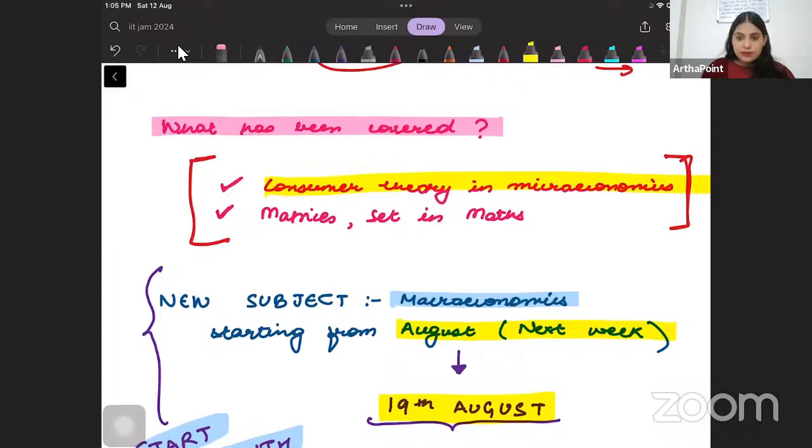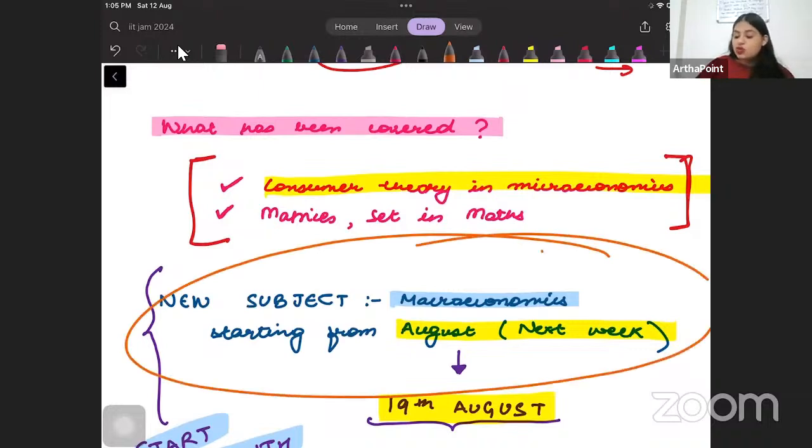From next week, we will start macroeconomics simultaneously, because we have to cover huge chunks of syllabus. Macro is easy. If you start macroeconomics with me, believe me, those 25%, that means you can be assured that you are scoring 25 for sure out of 100.